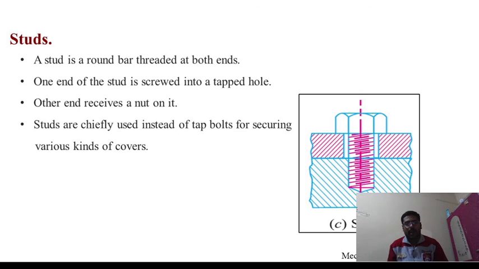A stud is a round bar threaded at both ends. One end of the stud is screwed into a tapped hole. You can tighten it usually with a screwdriver. The other end receives the nut. We only tighten the metal for easy assembly.